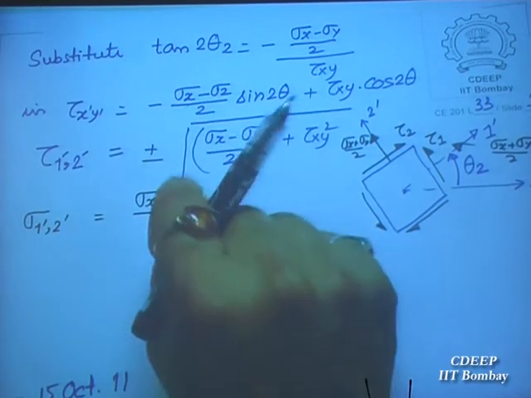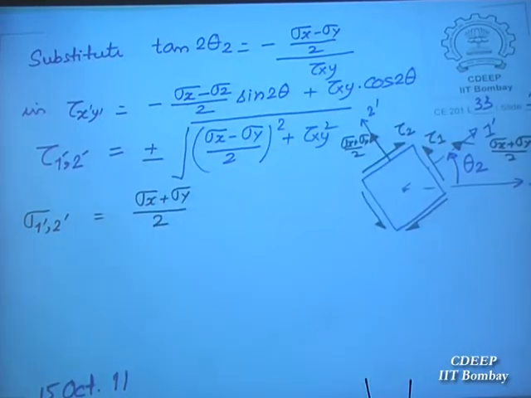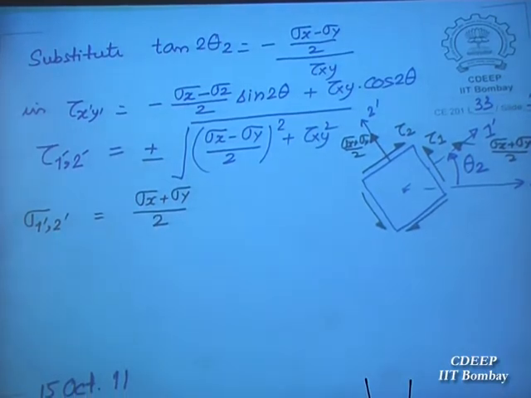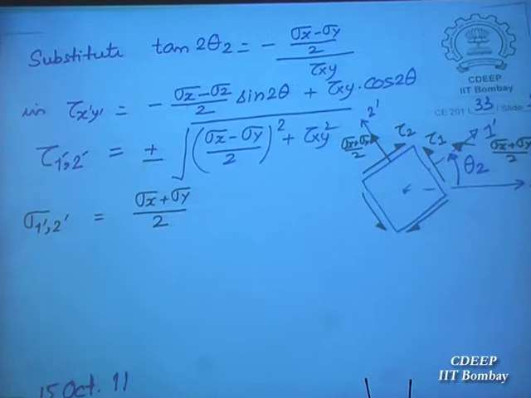So on a plane of maximum shear stress, you always have half of the first invariant of stress acting. This is again a very important theorem or result that you should remember.